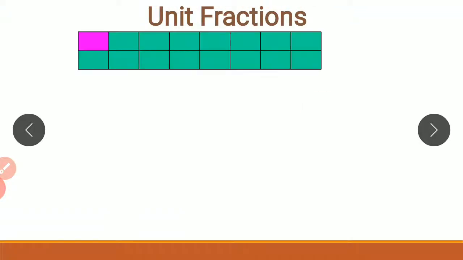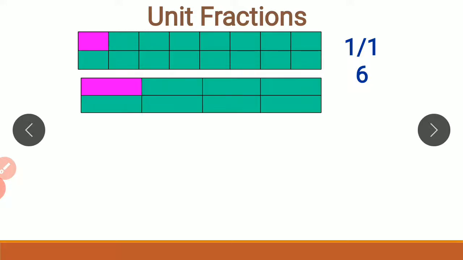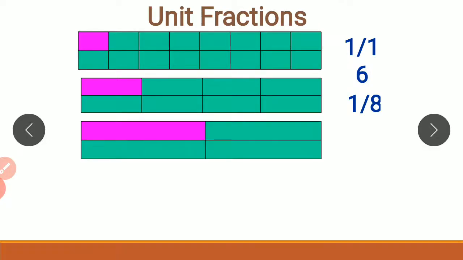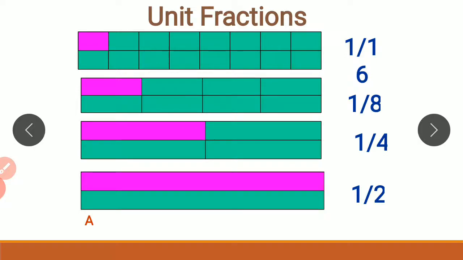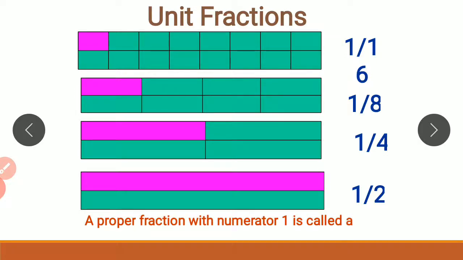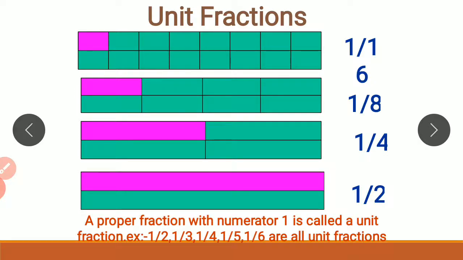Now what is a unit fraction? You can see there are some fractions here. That means there are some parts and only one part is colored. Here also one part is colored, and you can see there are many more pictures. So a proper fraction with numerator 1 is called a unit fraction.